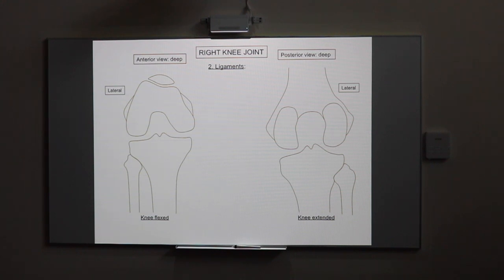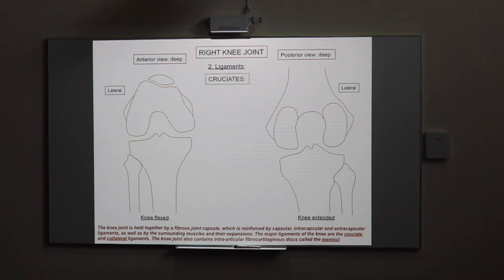We know about more, because yesterday you took a class with Sheba and he was explaining a little bit more. Yes, we have 4. He was talking about 4, but actually it is more than 4. There are so many. So why did I put 2? Anyway, let's see. Then I put a word here, cruciate.